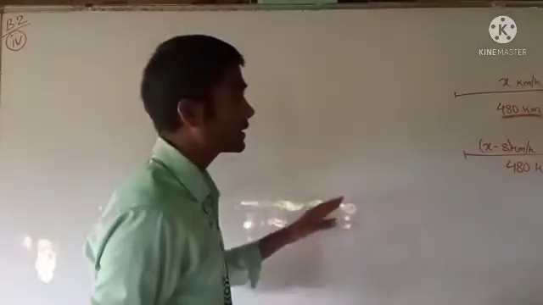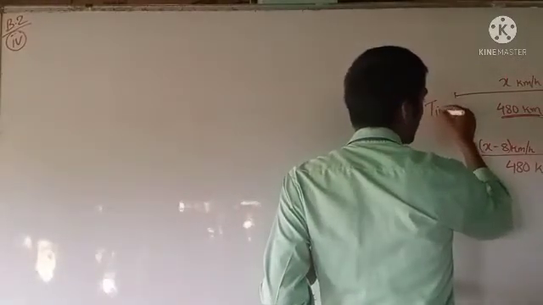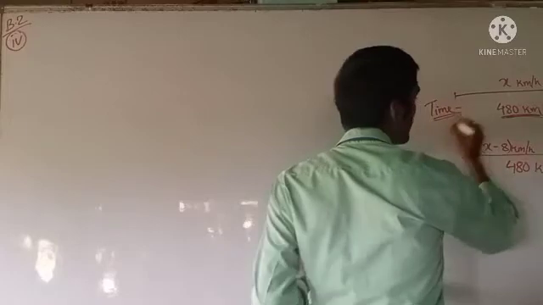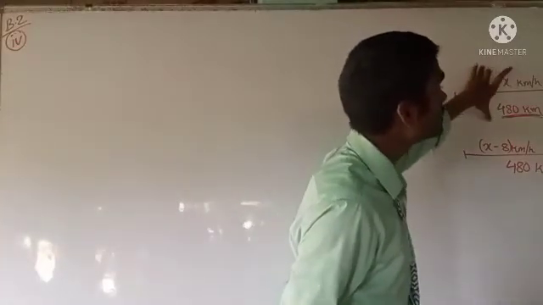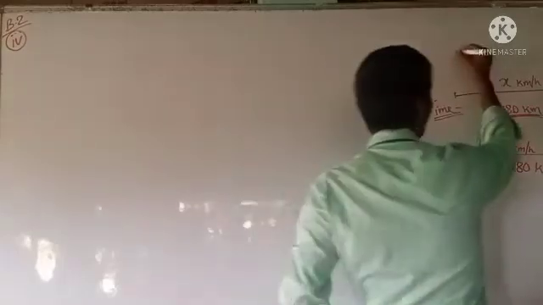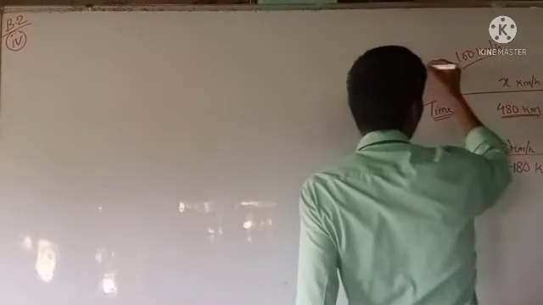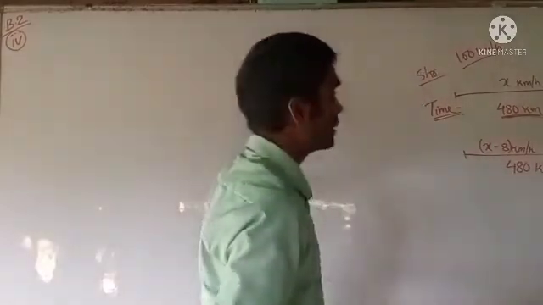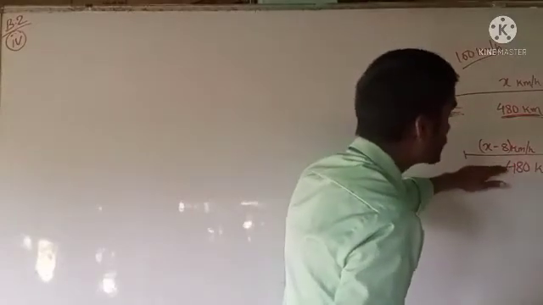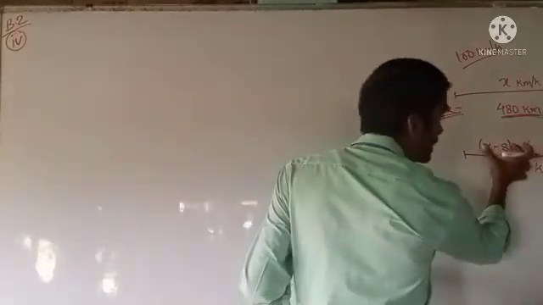But the condition we can come across here is the time. The time taken here will be different. If it is traveling at 100 km per hour, suppose it takes 5 hours to cover 480 km. Now if the speed is reduced, then the time taken will increase, because the speed is reduced.